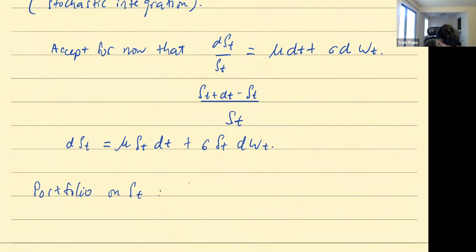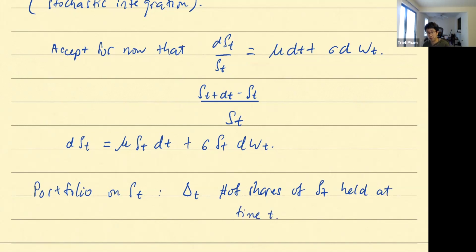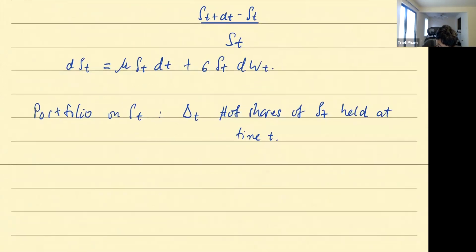So basically this portfolio would be denoted by delta t, which reports the number of shares of the stock that I hold at time t. So the picture is like this: at time t, you hold this many shares.